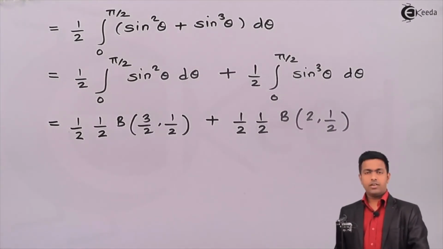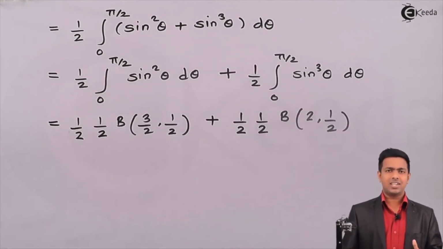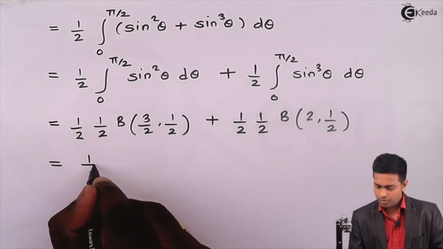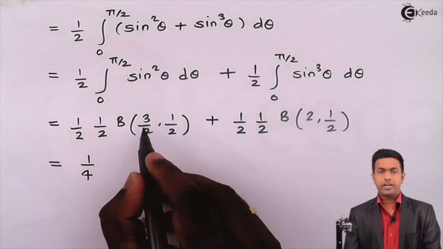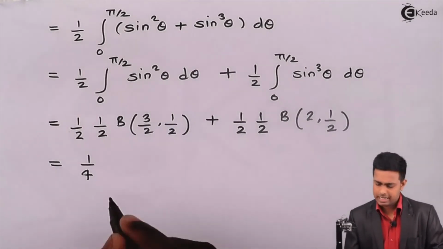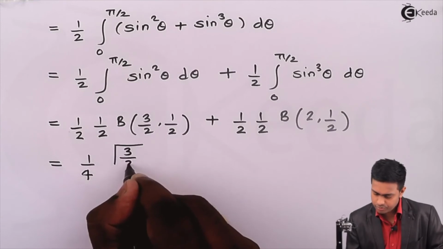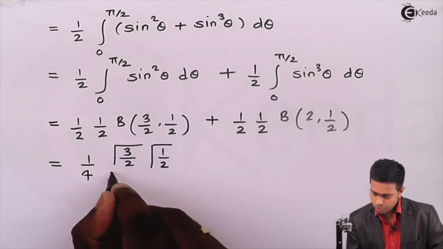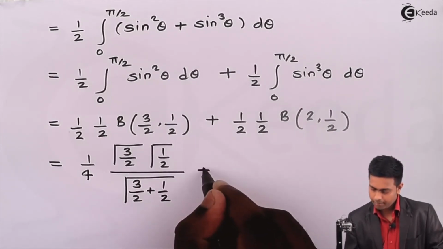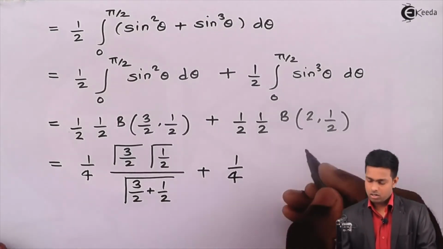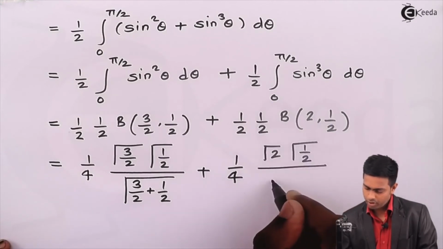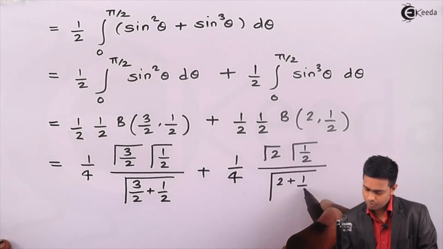And now guys, we will solve this beta function by using the relationship between beta and gamma. So here 1 by 4, the property which has the relationship between beta and gamma is like this: gamma 3 by 2 into gamma 1 upon 2 whole upon gamma 3 upon 2 plus 1 upon 2, plus 1 by 4, again gamma 2 gamma 1 upon 2 whole upon gamma 2 plus 1 upon 2.